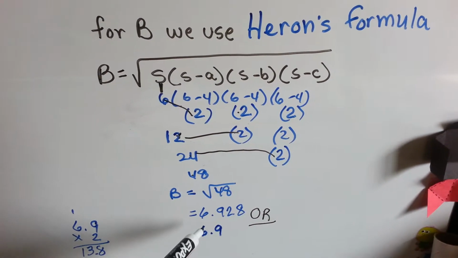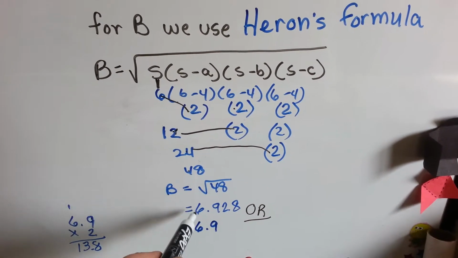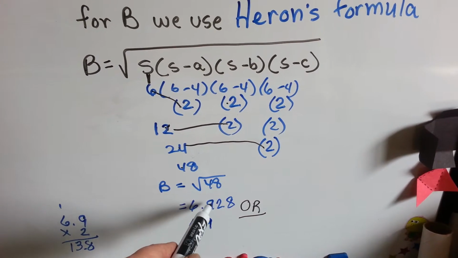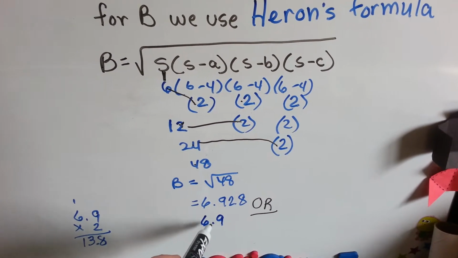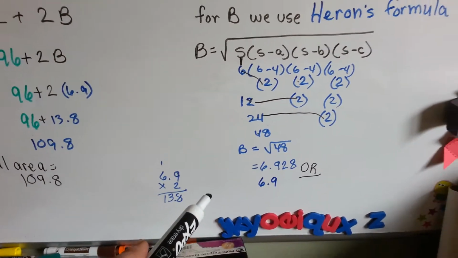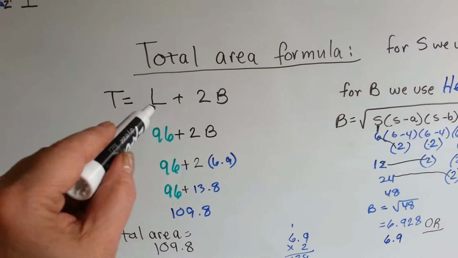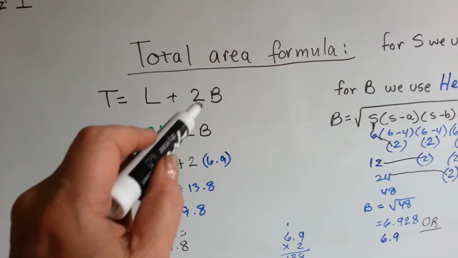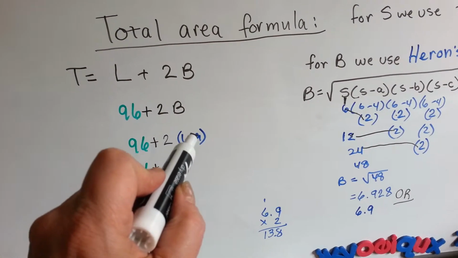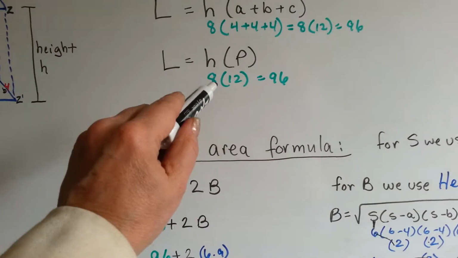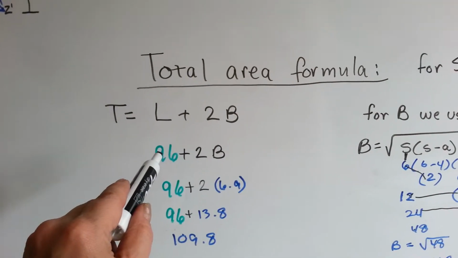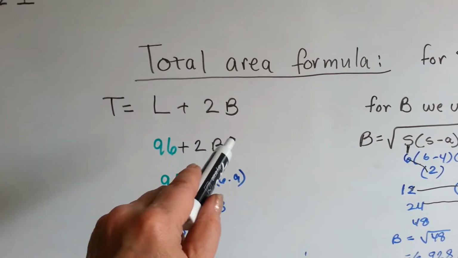Well, there's a chart in the back of my book. The square root of 48 is 6.928, or rounding off, it's 6.9. So for this formula, which is L plus 2B, we now know that B is 6.9. We know that L was 96. So we have 96 plus 2B.